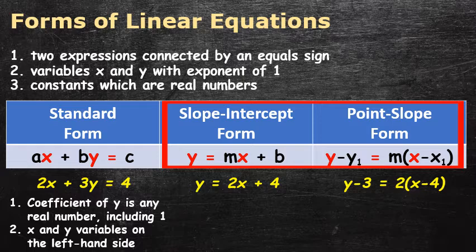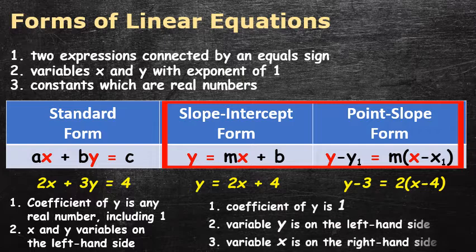Ang palatandaan naman ng slope form, slope-intercept o point-slope form, ang variable y natin, ang coefficient ay 1. Hindi pwedeng ibang values. Pangalawa, magkahiwalay ang x and y variables. Ang y ay nasa kaliwa at ang x ay nasa kanan.